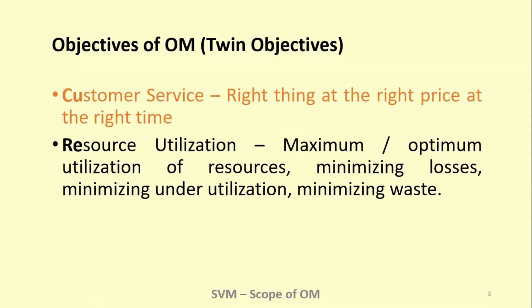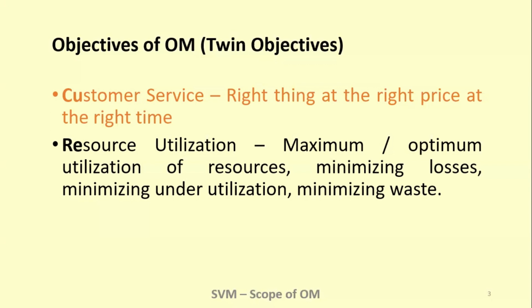It means to provide the agreed levels of customer service, which will result in your customer satisfaction, by providing goods or services with the right specifications at the right cost and at the right time. So that is about your customer service objective.